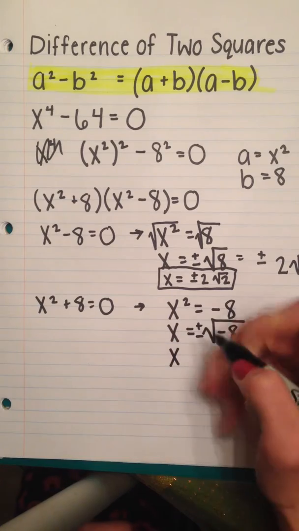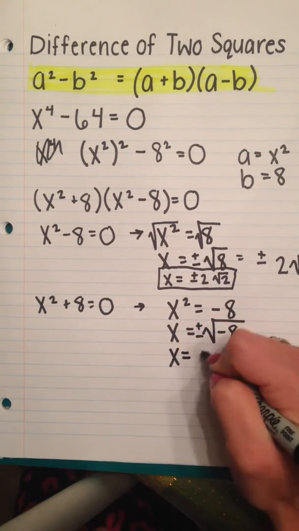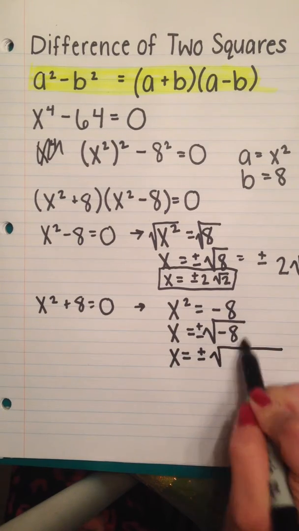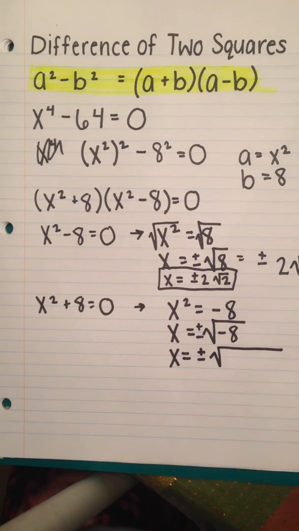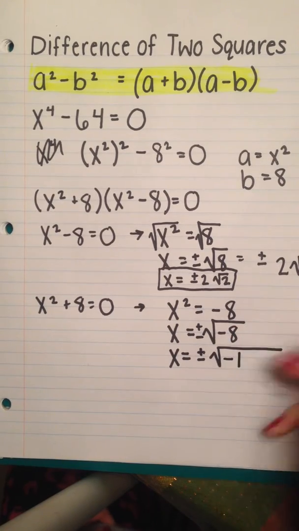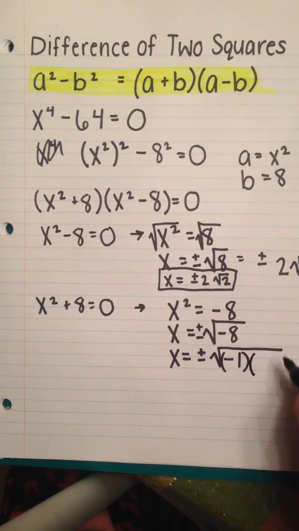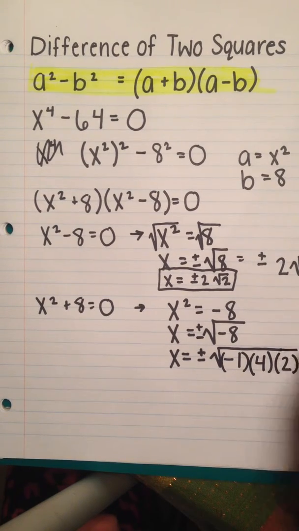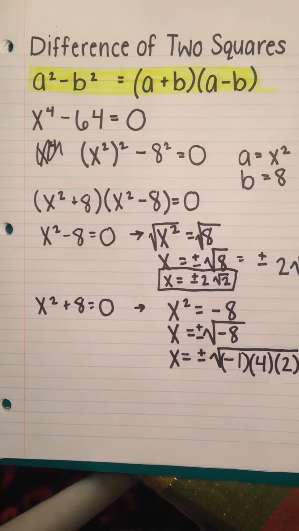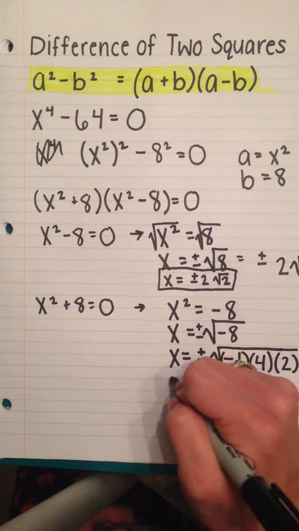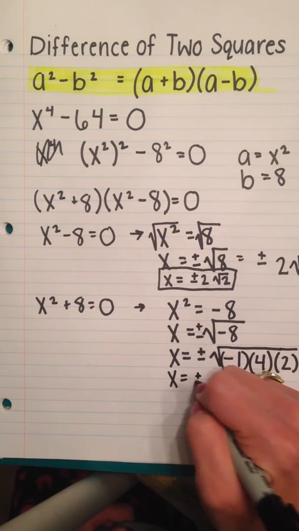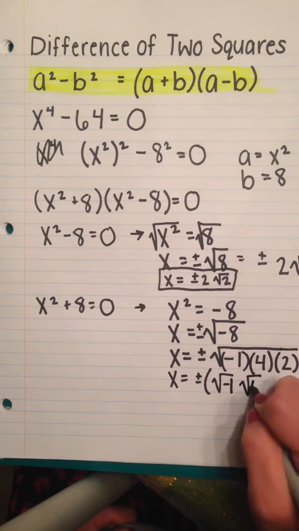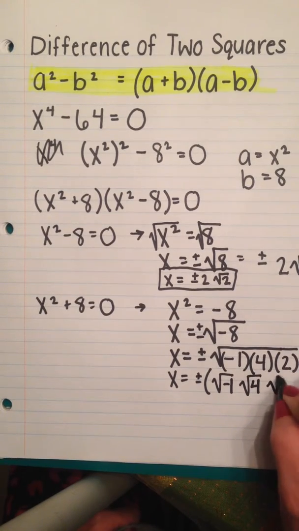So we can rewrite this as x equals plus or minus square root of, just taking the factorization of 8, negative 1 times 4 times 2. Again, using our laws of radicals, we have x equals plus or minus square root of negative 1 times square root of 4 times square root of 2.